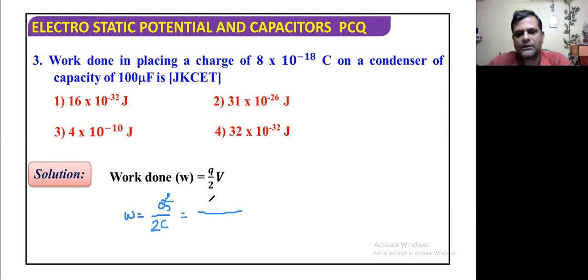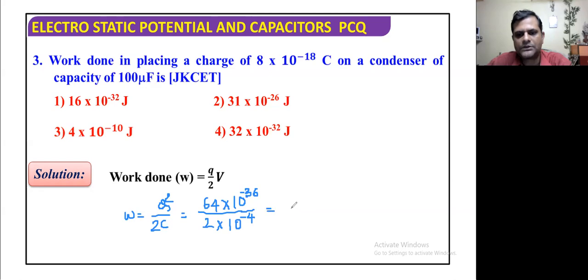So we can just square it. So 8 का स्क्वायर हो गया 64, और 10⁻⁸ का स्क्वायर हो गया 10⁻¹⁶, and that is to be divided by 2 times of C, where C is going to be the capacitance, which is 100 microfarad, means it is going to be 10⁻⁴ actually.